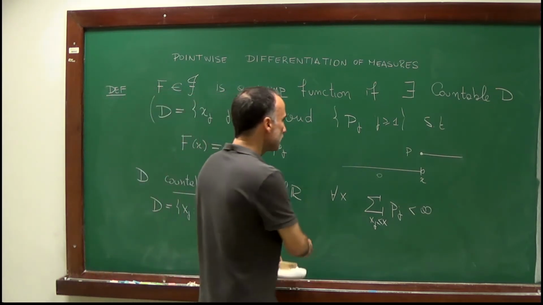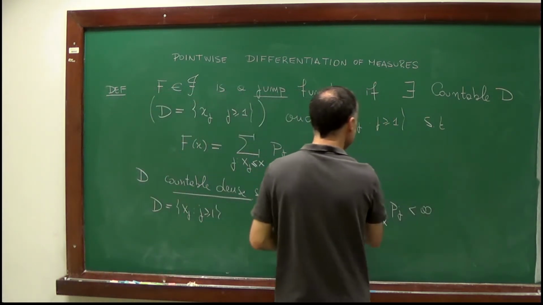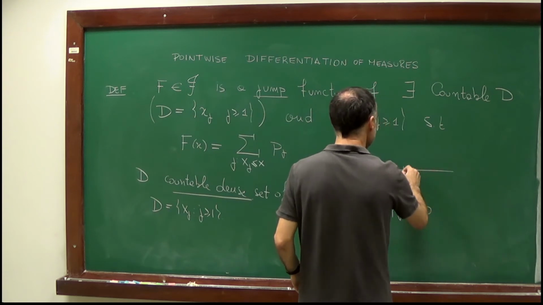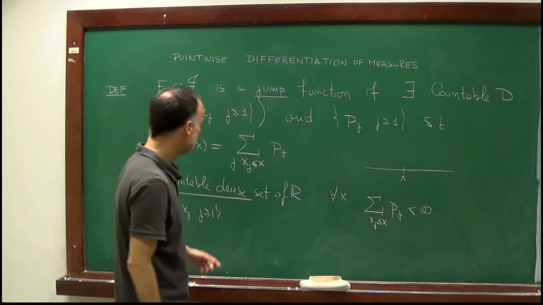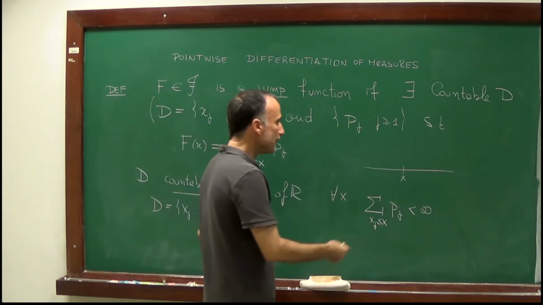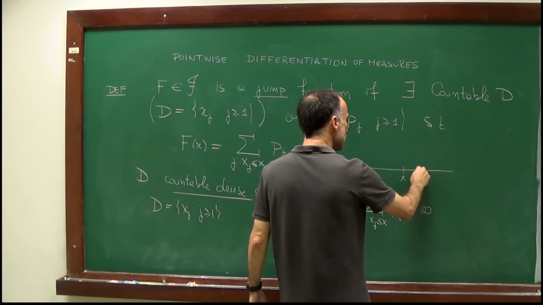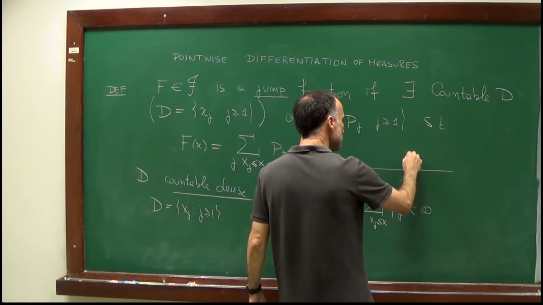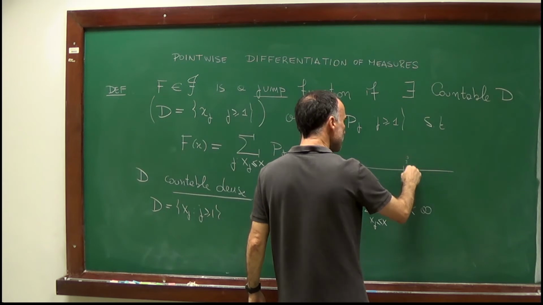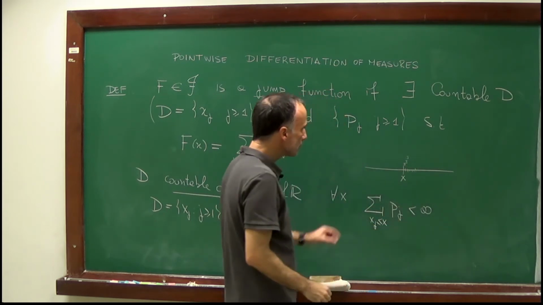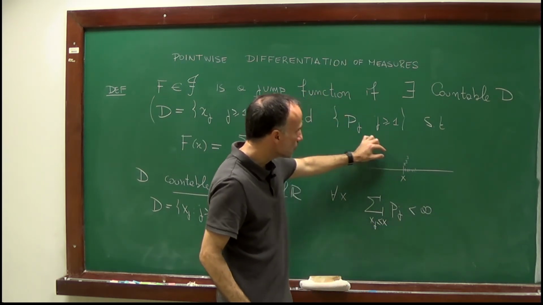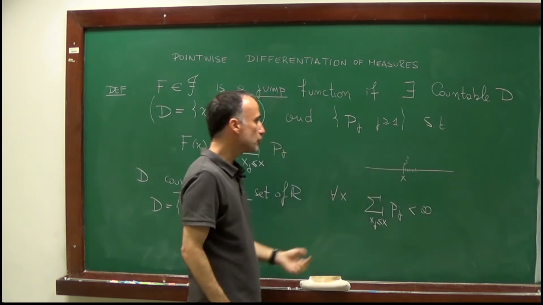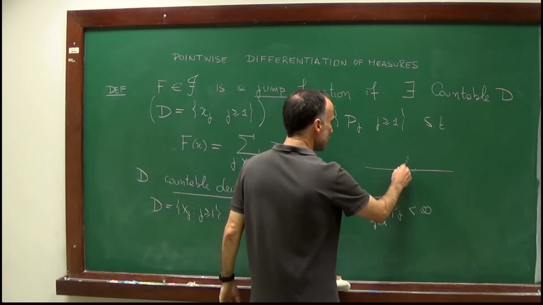So you see the situation now is much more complicated, because if you take any point x, you have a dense set of jumps. You have jumps which are smaller and smaller as you approach x, a sequence of dense jumps as you approach x on both sides.